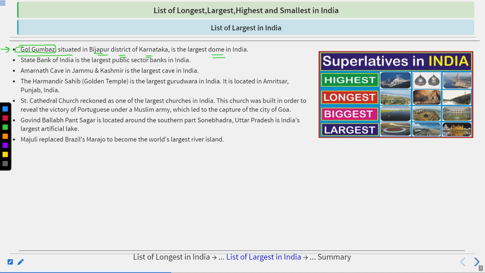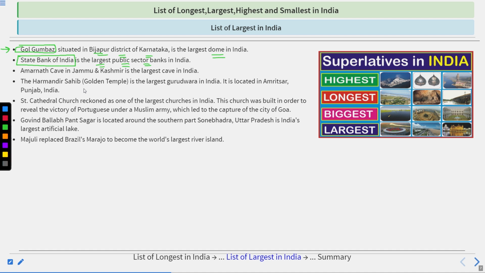The State Bank of India, the largest public sector bank in India. Talking about the State Bank of India, it was previously known as the Imperial Bank of India. In 1921 it was established. Prior to this, in 1840, the Bank of Bengal was established.